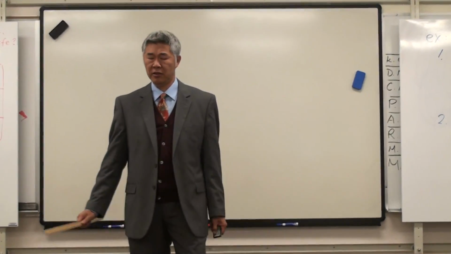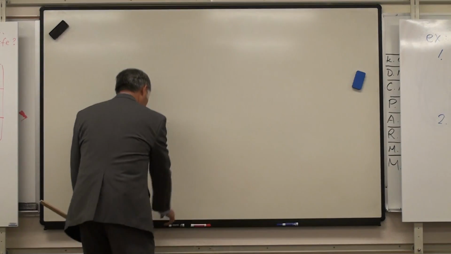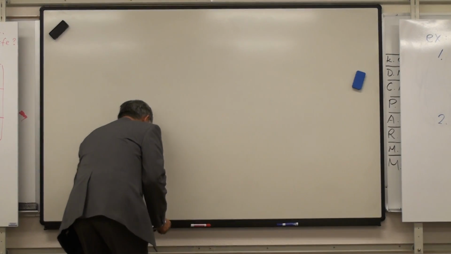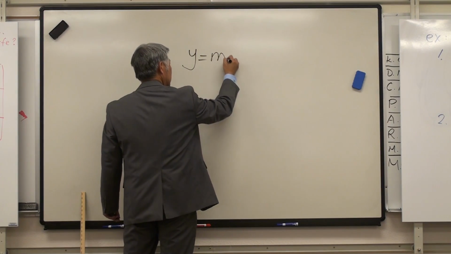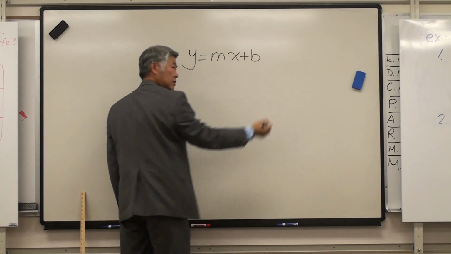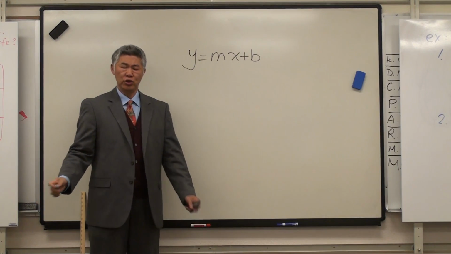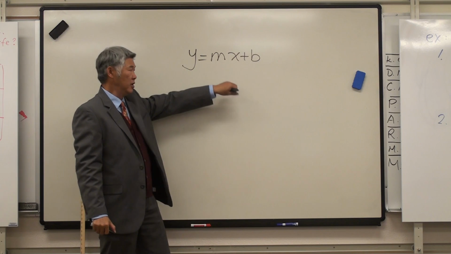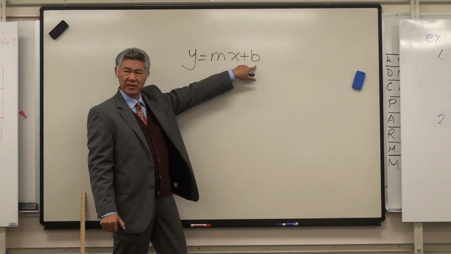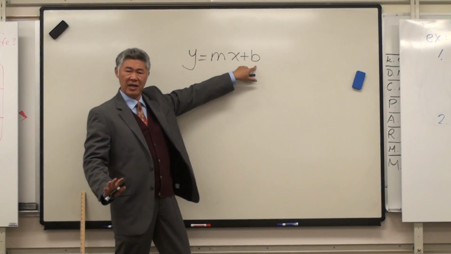Now let's take a look. Slope-intercept form will be looking like this. Do not just say, all right, first number is the slope, second number is the y-intercept. Never think that way.